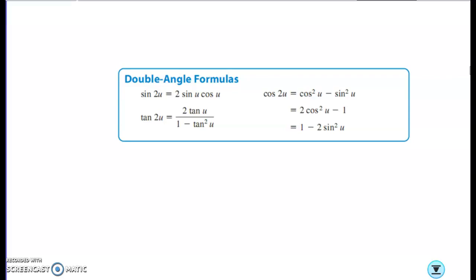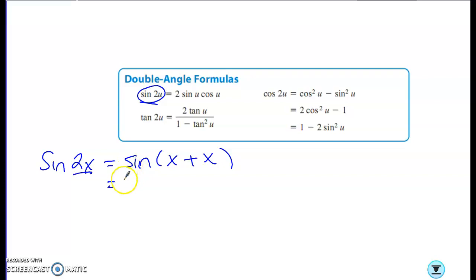So these are the ones that we are going to focus on just for today, the double angle formulas, and they actually come from the angle sum and difference identities. I'll show you an example right here with the sine. If you have the sine of 2x, that's the same thing as saying the sine of x plus x, which is our angle sum and difference identity that we learned in the previous section.